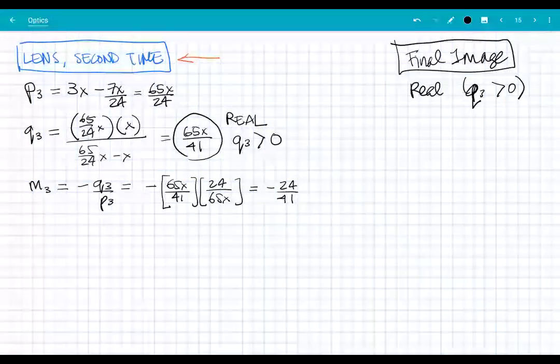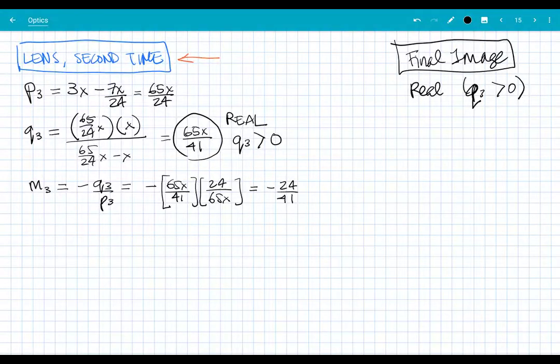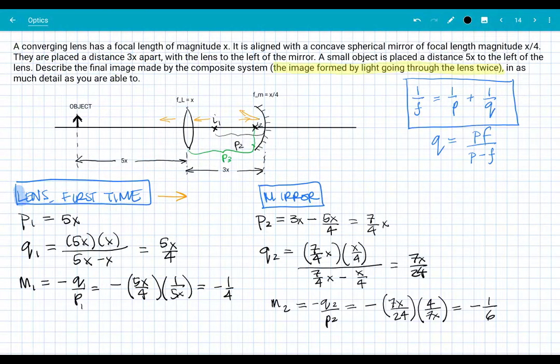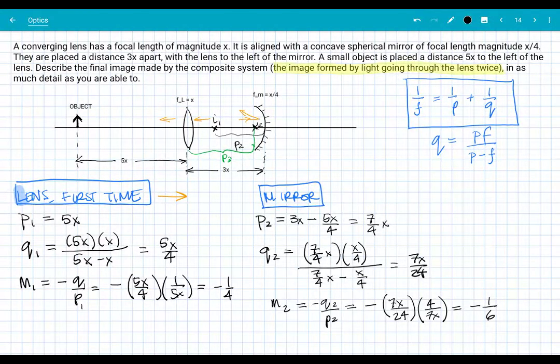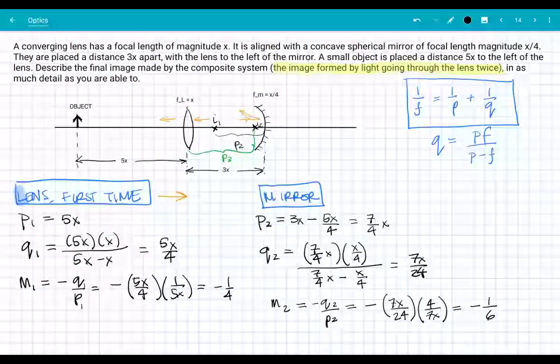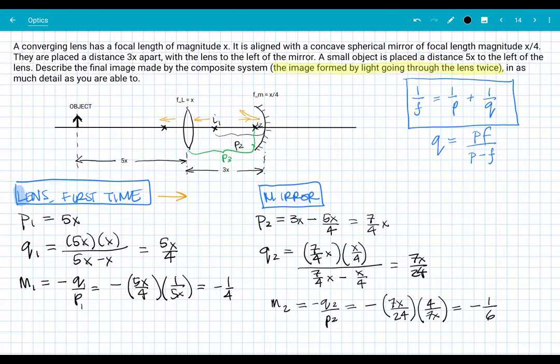I know that it's located 65x over 41. Now that's positive, right? Positive image distance. That means it is located to the left of the lens. That's what that means. So 65 over 41, it's 1.5-ish, right? So this is 2.5. I don't know. I'm just going to estimate in here. Here's image 3. That's our final image.